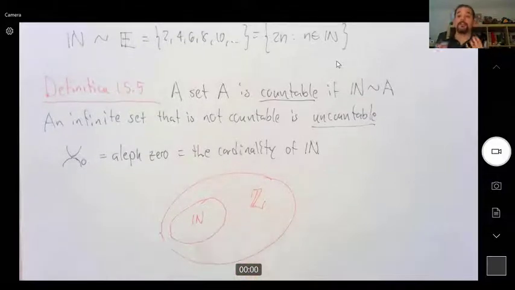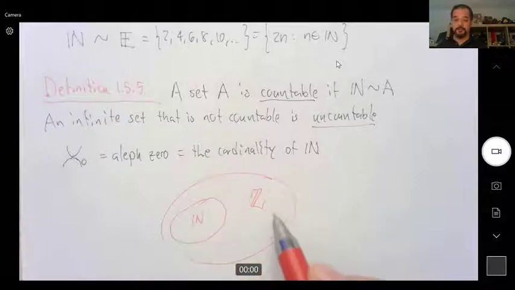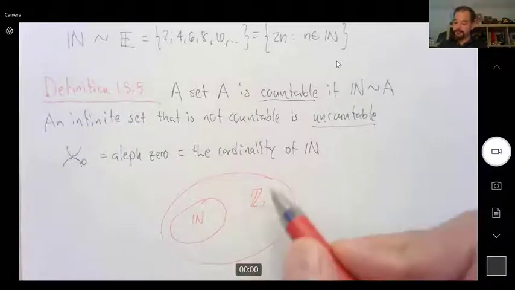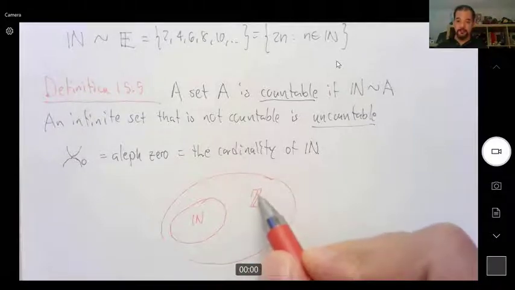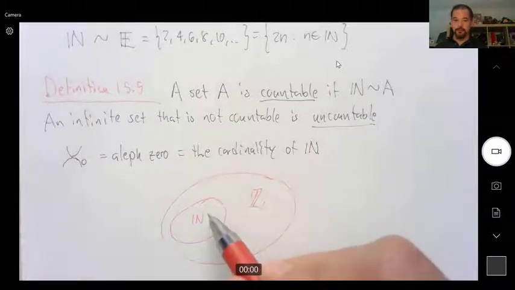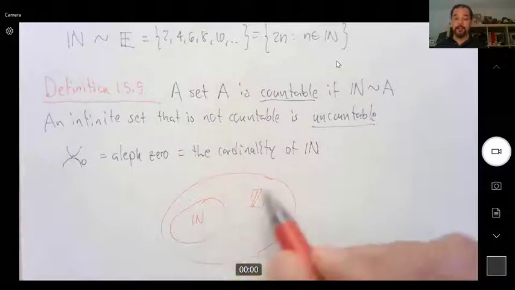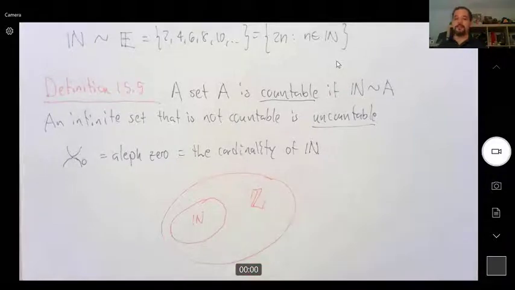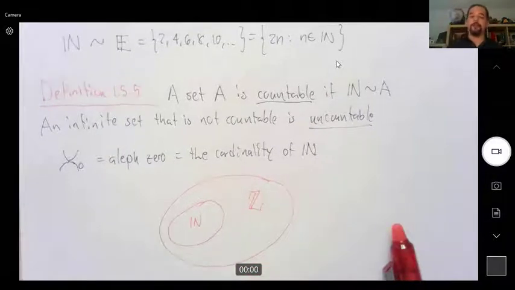They are as big. So there are as many natural numbers as there are integers, even though this is a subset of that. Even though you would consider this a larger set, in the sense that it contains the natural numbers, as a matter of fact, they have the same size. And that's something that does not happen with finite sets. If you have a finite set and it contains another one, the other one is for sure smaller in size. And you can see it doesn't happen here.